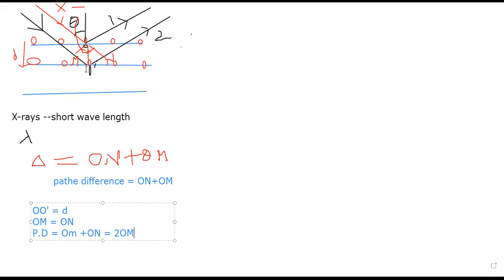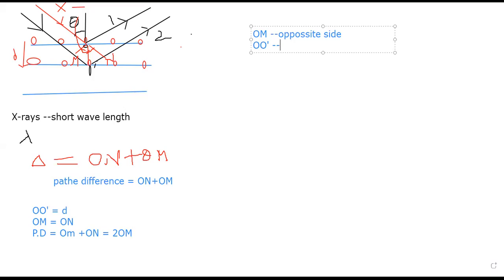Now I am going to calculate in the right angle triangle. OM is the opposite side and O dash is the hypotenuse, so we take sine theta.